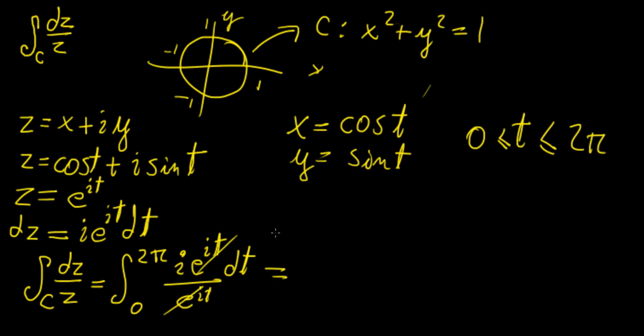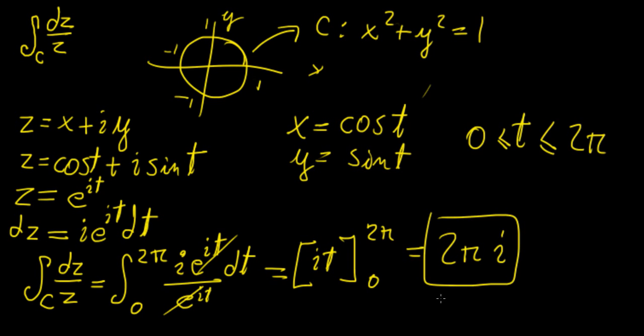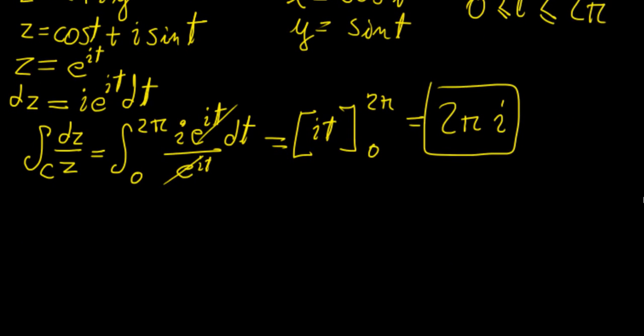And then these two terms cancel out, so you're left with the integral of i dt from 0 to 2 pi, and that's going to give you 2 pi i. So we just found the result of that integral by using this conversion and the Euler identity. This is a really nice thing that you can use with complex numbers and complex integration. Using polar coordinates usually allows for this kind of simplification. So it's a really nice feature.